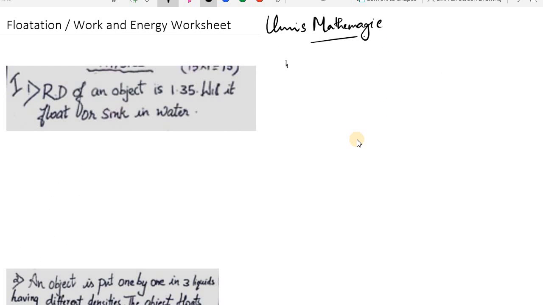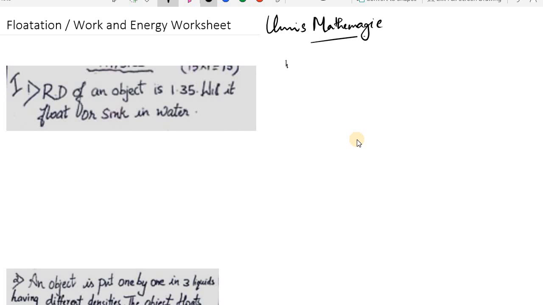Hi, let us go through the complete worksheet of the problems that you did as a test. So the first question is, relative density of an object is 1.35. Will it float or sink in water?